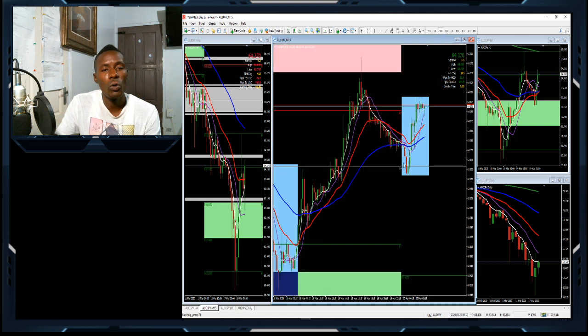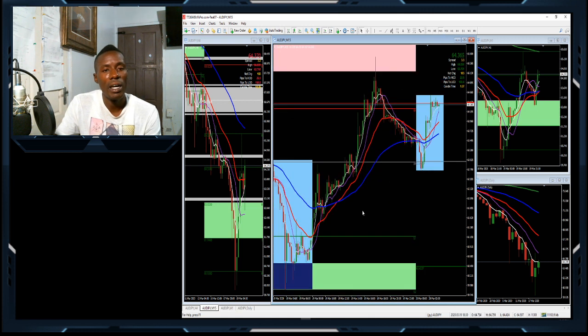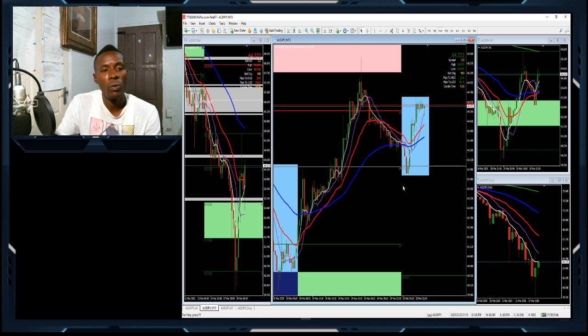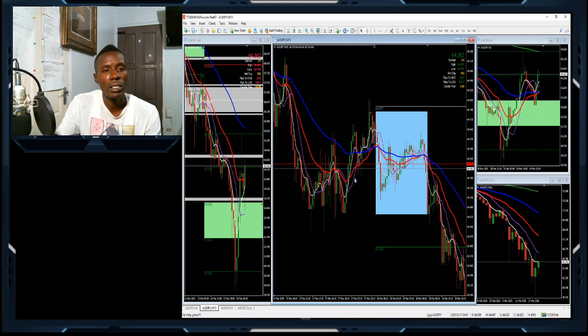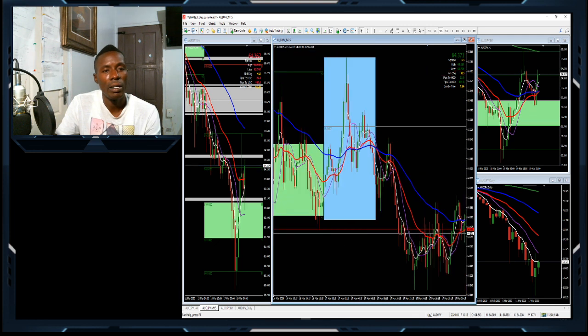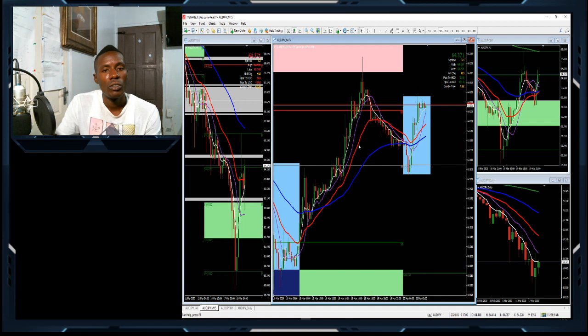And this blue area that I identify is what happened in the Asian session, right? So this just identifies the Asian session. This blue box that you see identifies it, right? So I execute the position on the lower time frame to get a better entry on the bigger time frame, right?